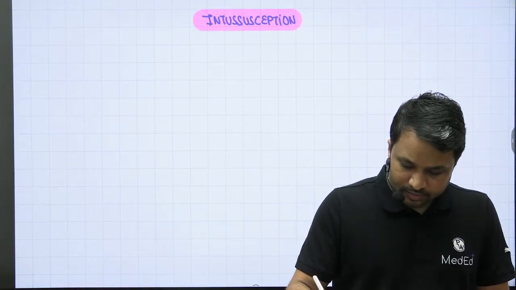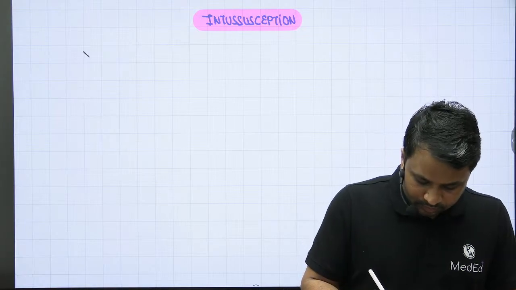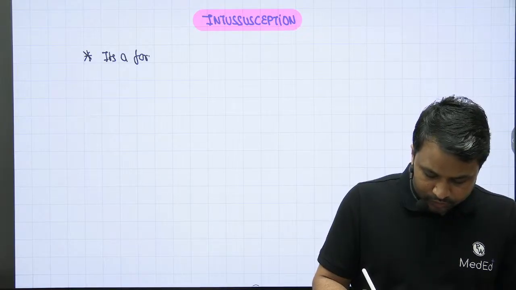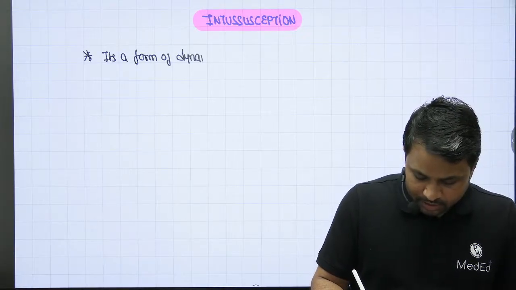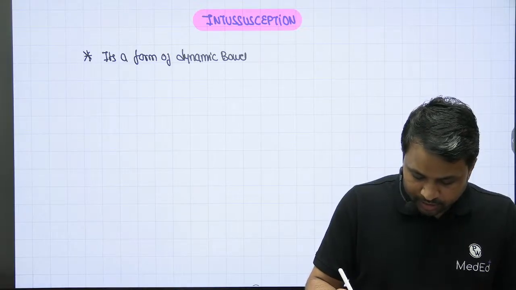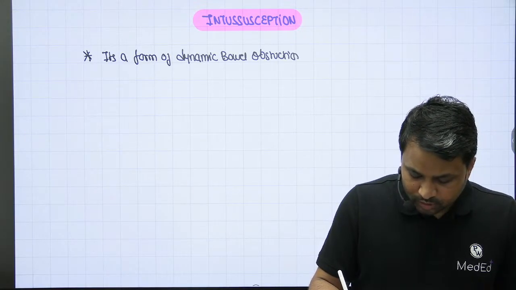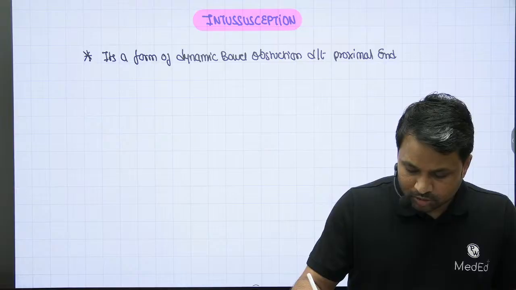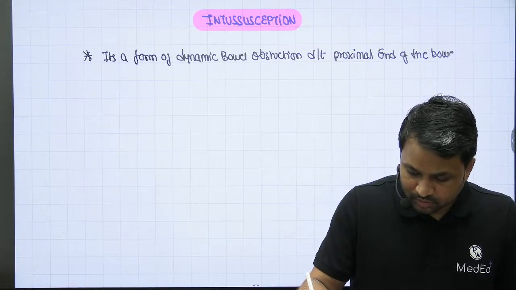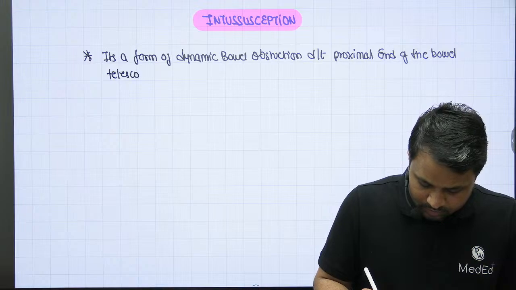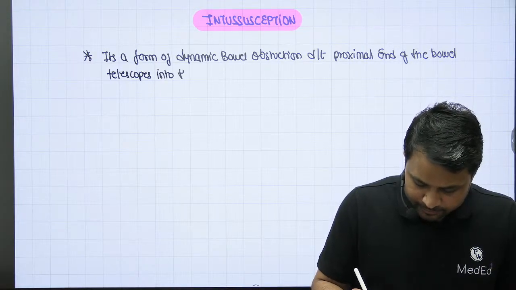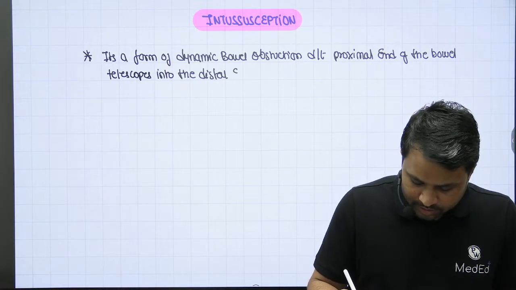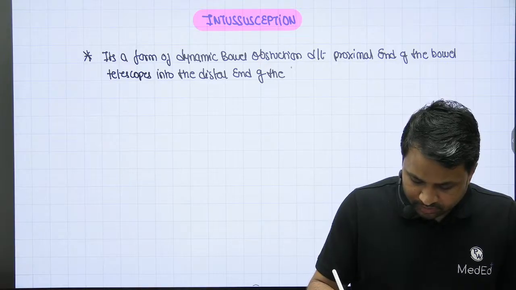It is a form of dynamic bowel obstruction due to the proximal end of the bowel telescoping into the distal end of the bowel.